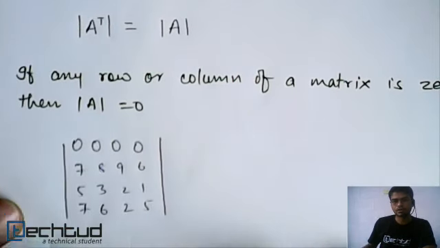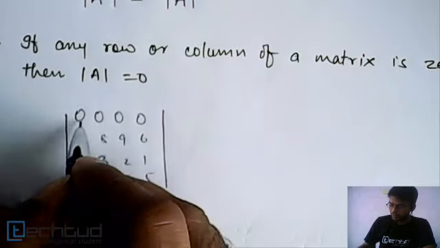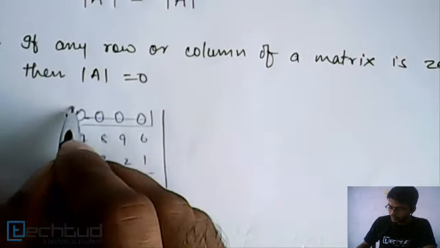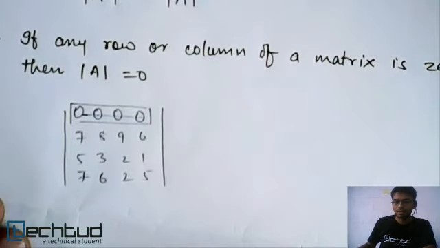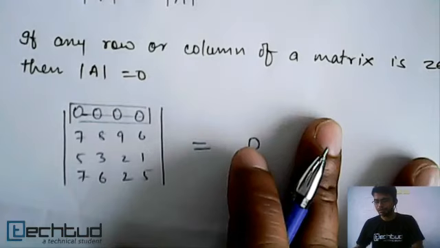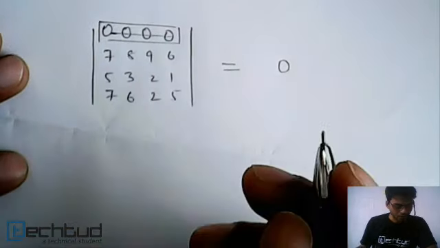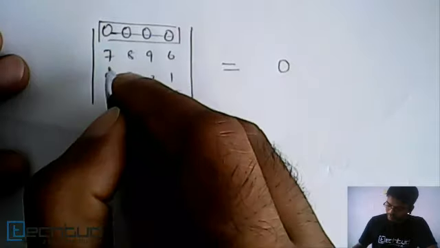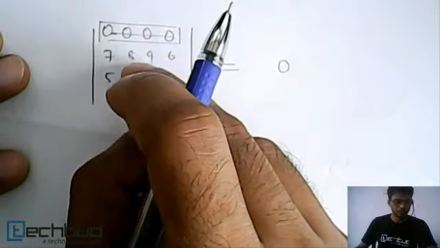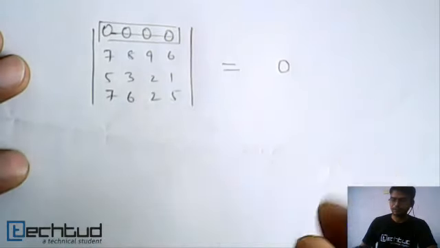Even if it is a huge determinant, but if all the values in a row are zeros, then the value of the determinant will be 0. It's very simple, we all know this, it's just for the purpose of revision. Similarly, if all the values of a column are 0, then in that case also the value of the determinant will be 0.